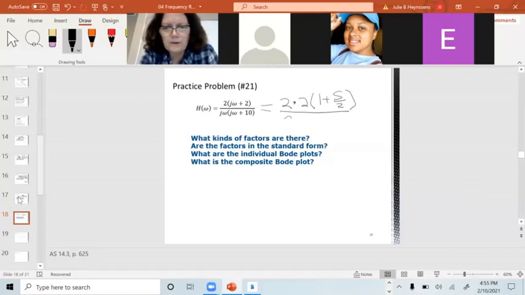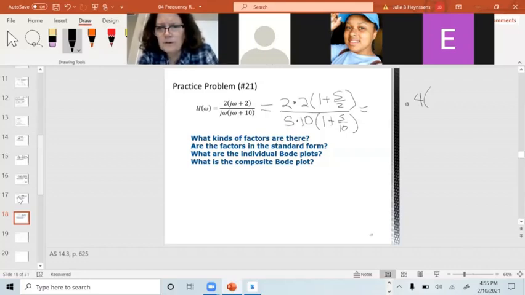The j omega is an S. And then I'm going to factor a 10 out to put this in standard form, 1 plus S over 10. So this becomes 4 divided by 10, which is 0.4, over 1 plus S over 2, S, 1 plus S over 10.